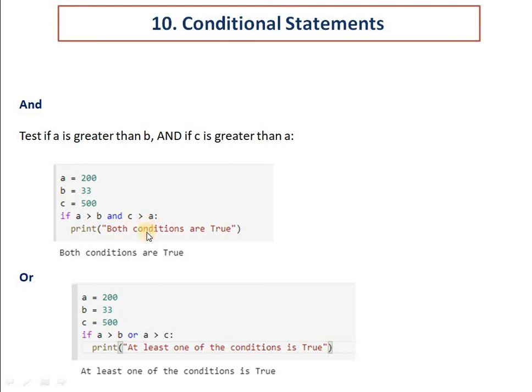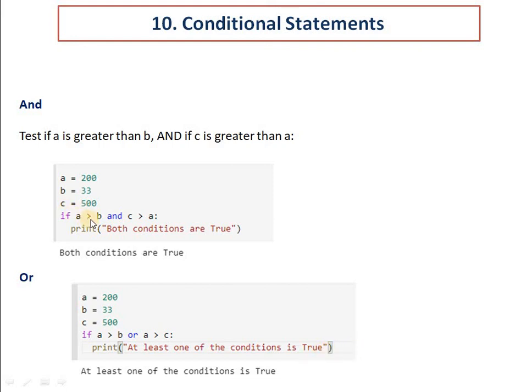So it will come to this statement only if both A greater than B and C greater than A are true. In the case of or, if either A greater than B or even A greater than C, any of these segments is true, it will print the answer here, right?